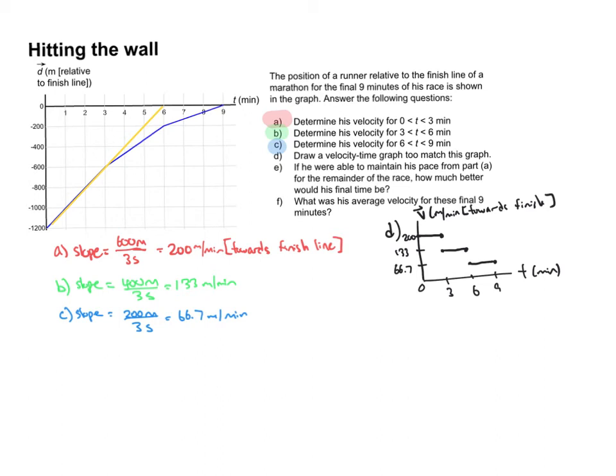And it's leading me to 6 minutes. So if he was able to maintain that pace, he would have finished 3 minutes earlier. Approximately. You could do the algebra if you want to get a more precise answer. That involves a bunch of steps though.